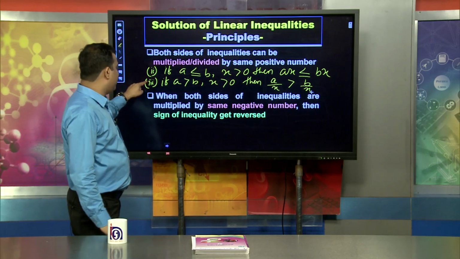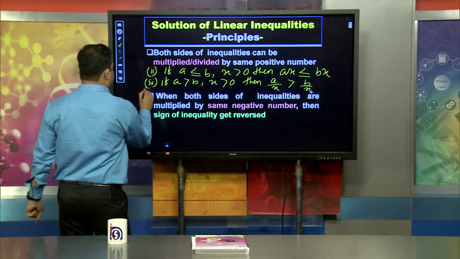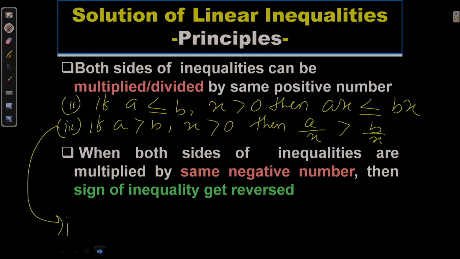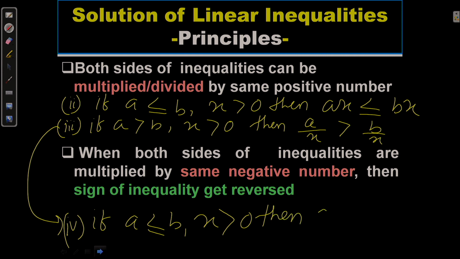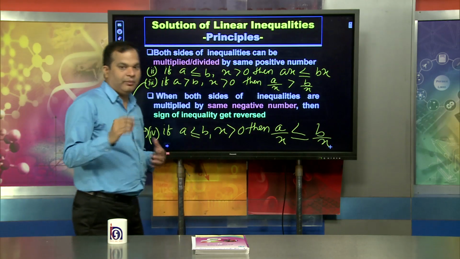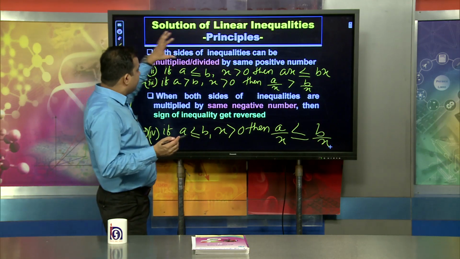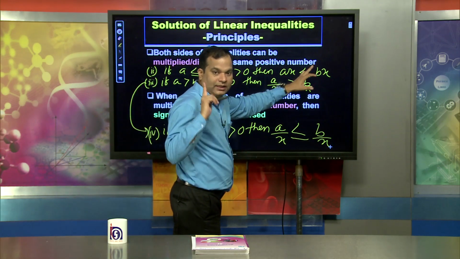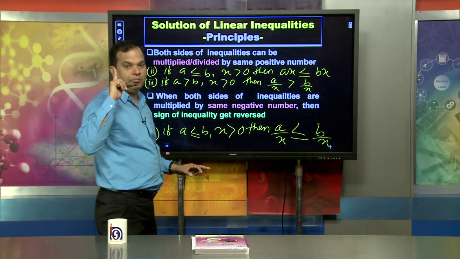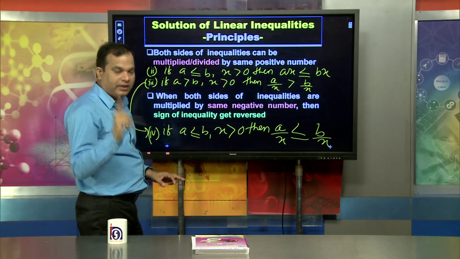And the fourth part: if A less than or equal to B and x is a positive quantity, then A by x is also less than or equal to B by x. That is very important. In case of a positive number, remember, that is the foremost important condition.